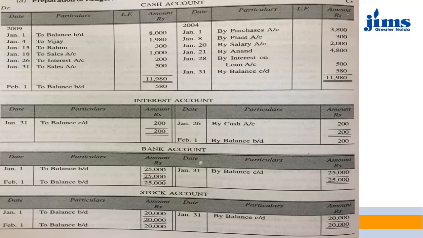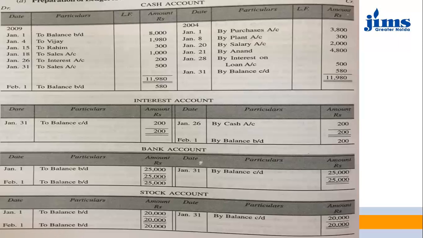If you see the total on the debit side of the cash account, the total is 11,980. And when you total the credit amounts written on the credit side, you have a total of 11,400 rupees.